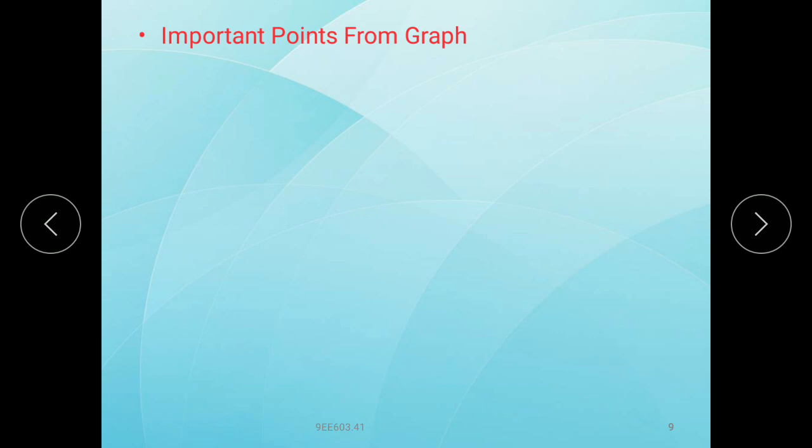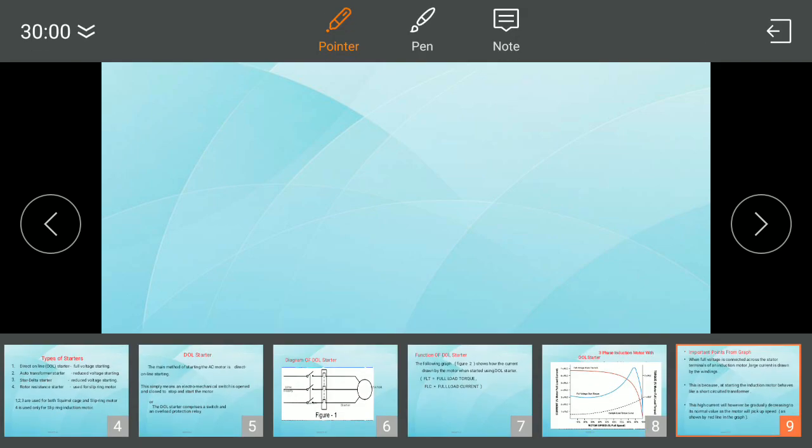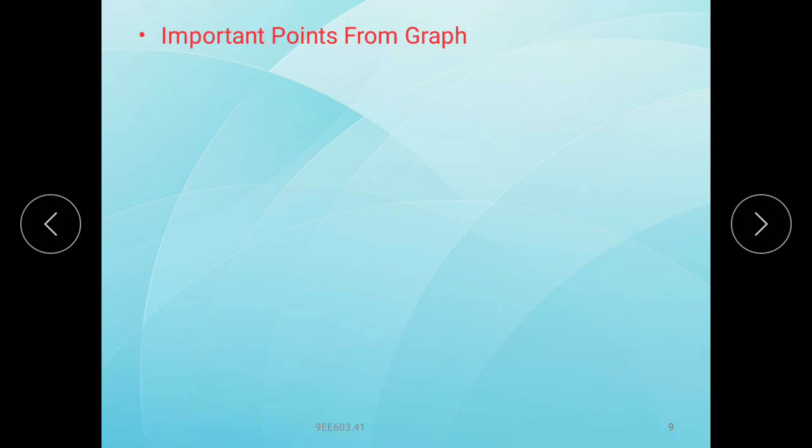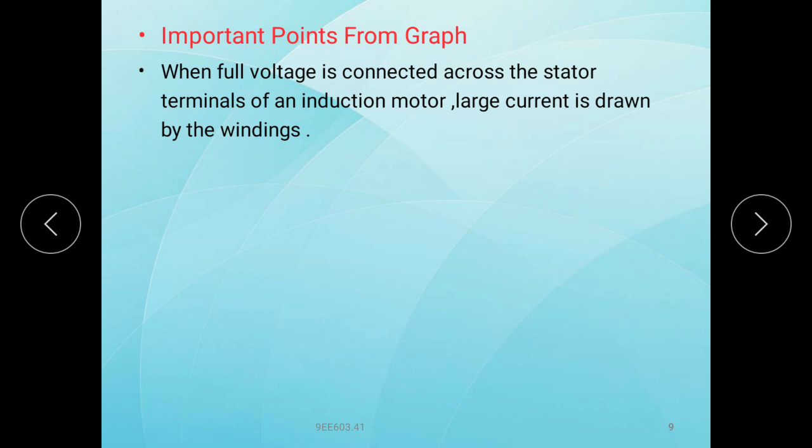Important points from the graph. When full voltage is connected across the stator terminals of the induction motor, a large current is drawn by the windings.